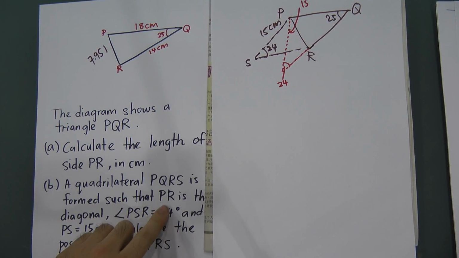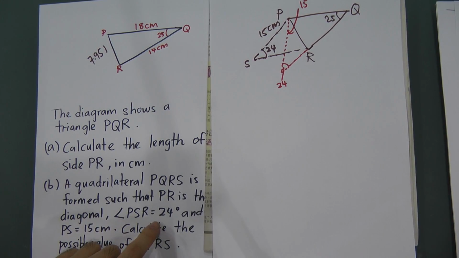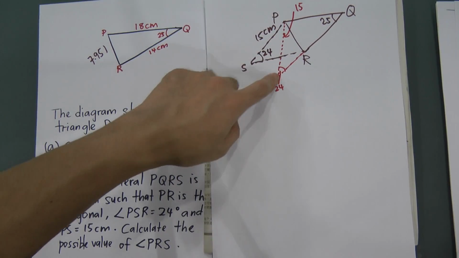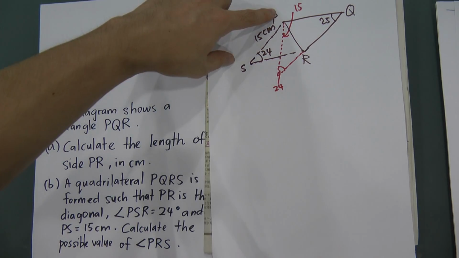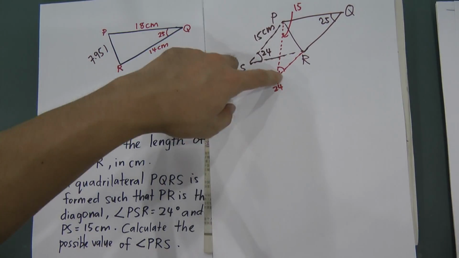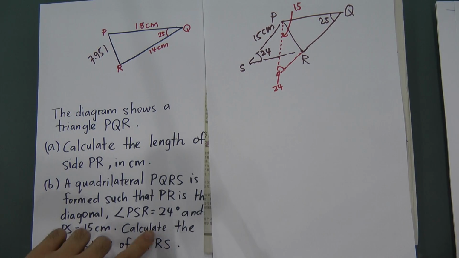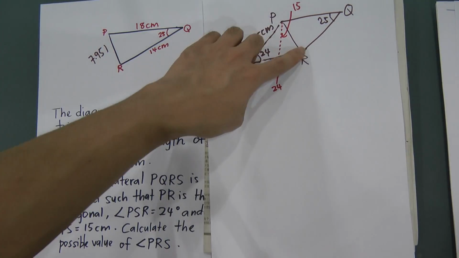PR is a diagonal, yes. PSR is 24, yes. And the last one is PS must be 15 centimeter. So you fulfill all the conditions. He asks you to calculate the possible value for PRS.